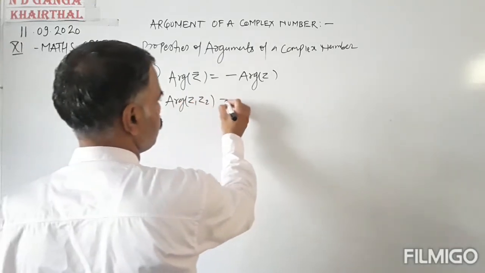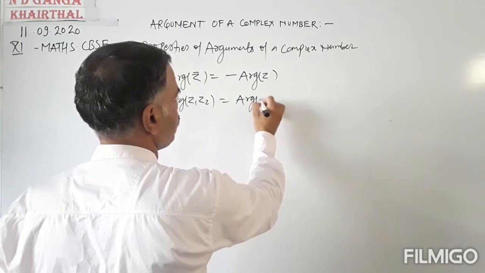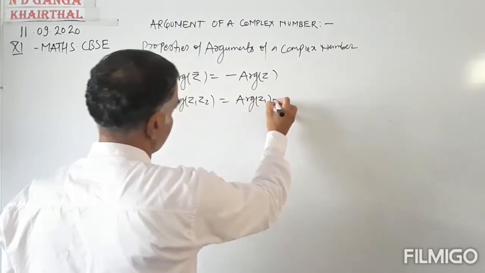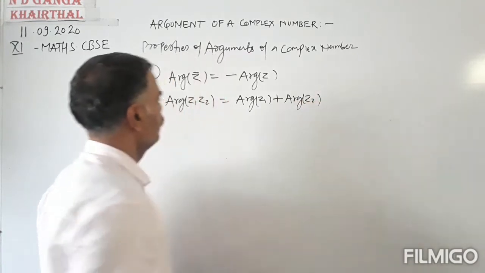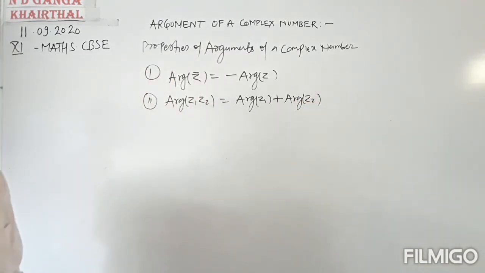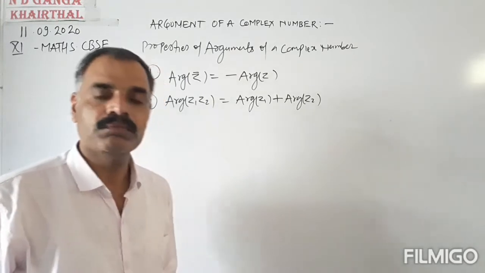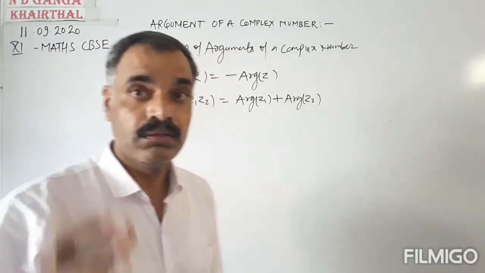Argument of Z1 Z2 is equal to argument of Z1 plus argument of Z2.